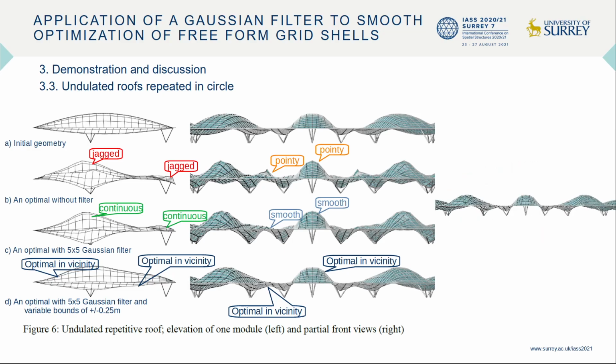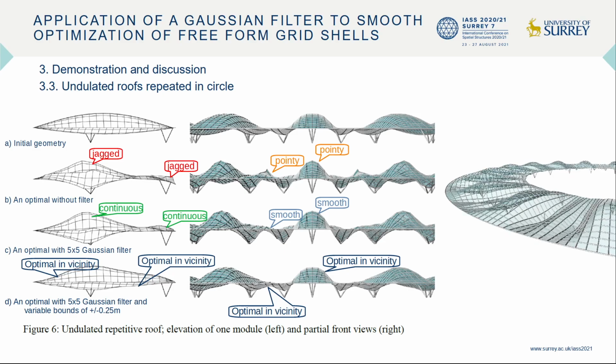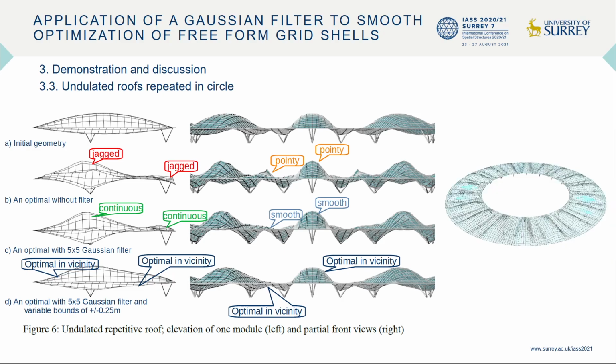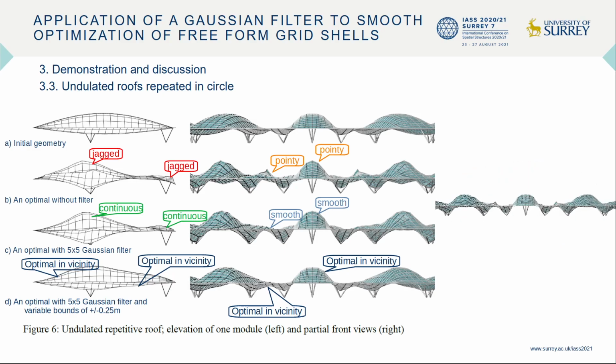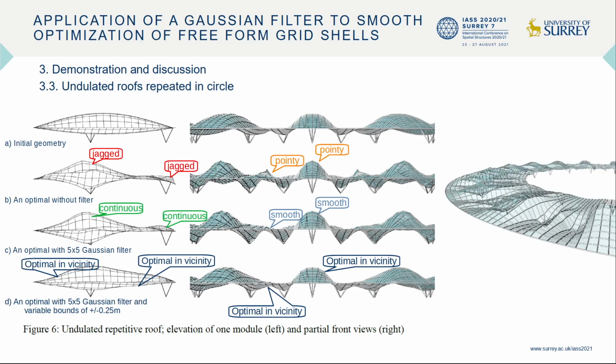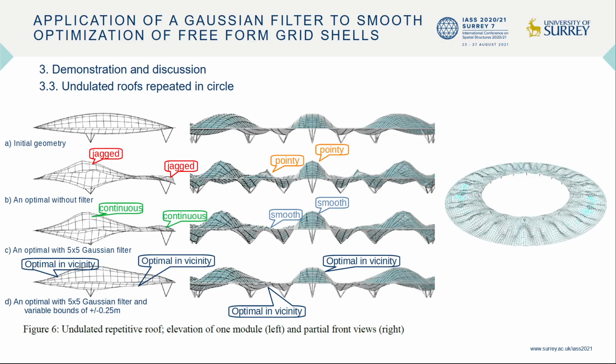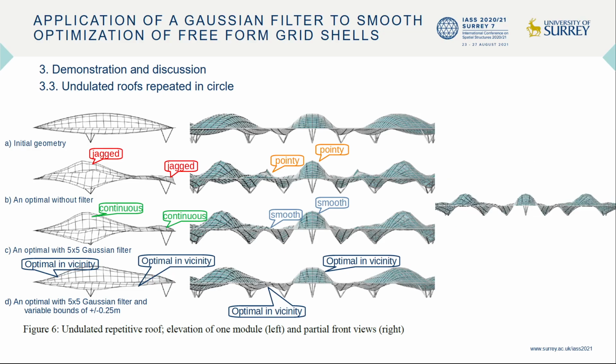However, in this case, the solution with 5x5 filter shown in C looks way far different from the original intent. So in D, the z coordinate variables are constrained by adding bounds for movement. This case successfully demonstrates that you can select a balanced solution between the improved structural performance and your preference to the initial idea.